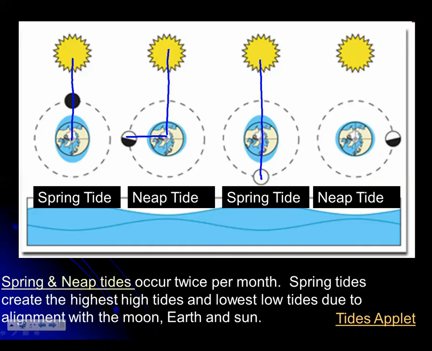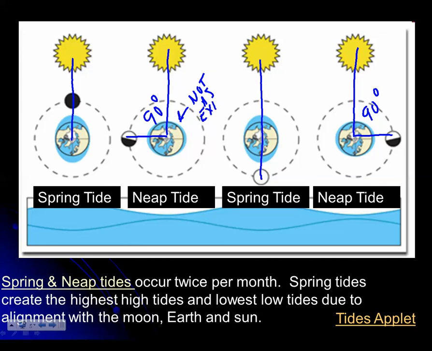at first quarter and third quarter moon, because the moon, earth, sun system are at right angles to each other, 90-degree angles. And that tends to negate the gravitational forces somewhat. And so you'll notice that the tidal bulges are not as extreme.